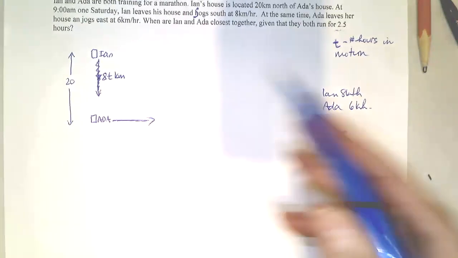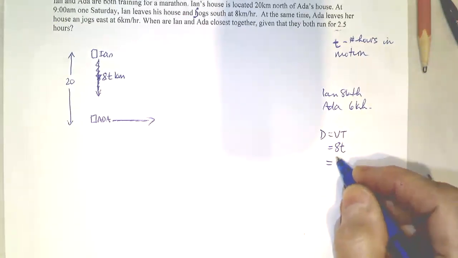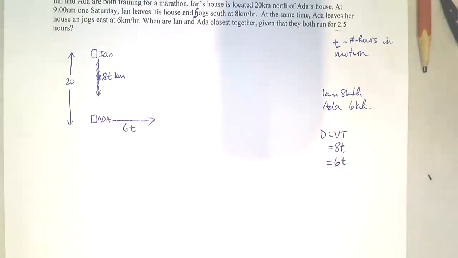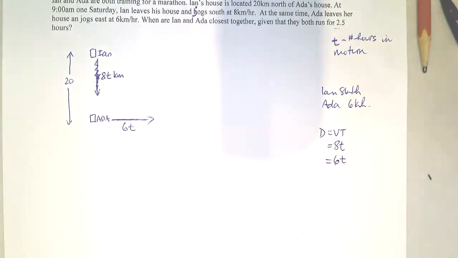Similarly, in that same amount of time, Ada will run 6 kilometers an hour for t hours, and we get this. The way you solve all of these questions every time is in this format. You make the 2 arrows and assign the variables for distance. You then create a right triangle, and that's the essence of the question.